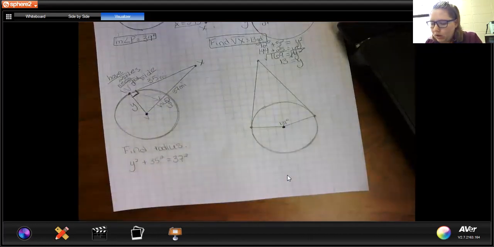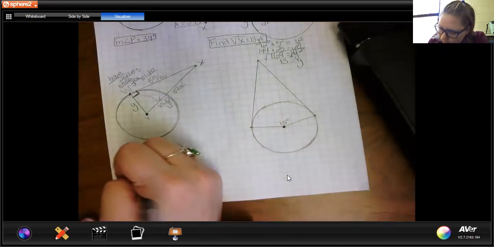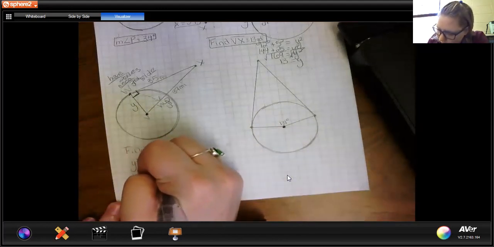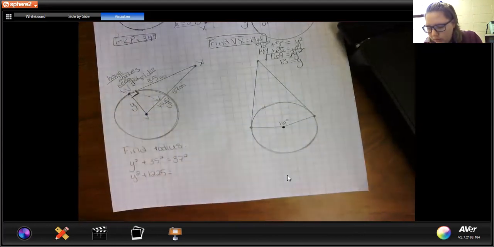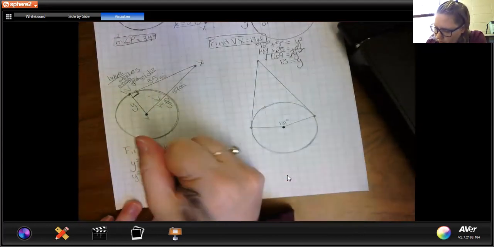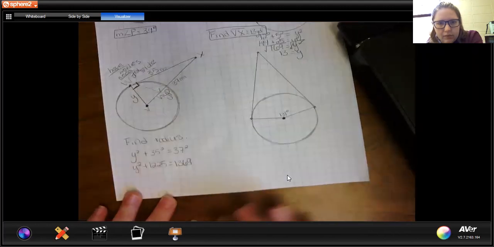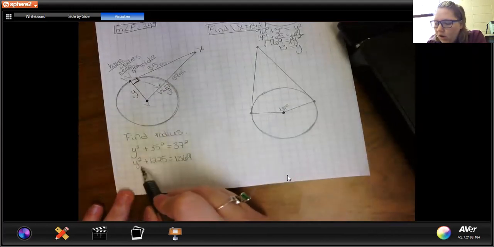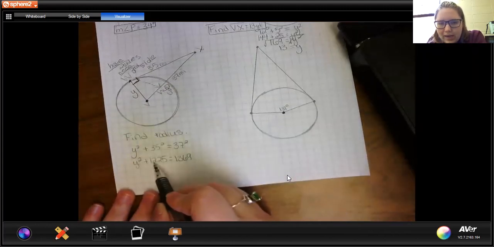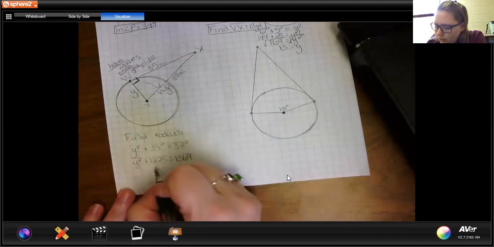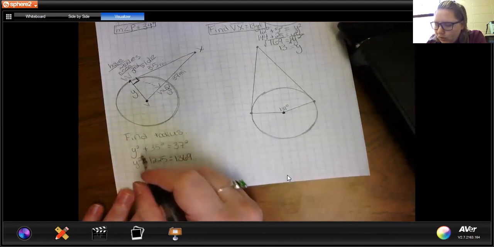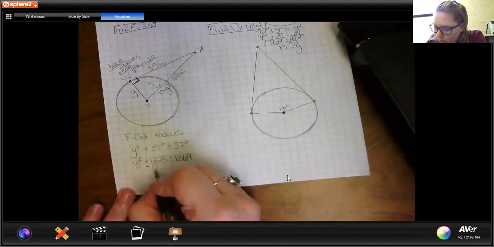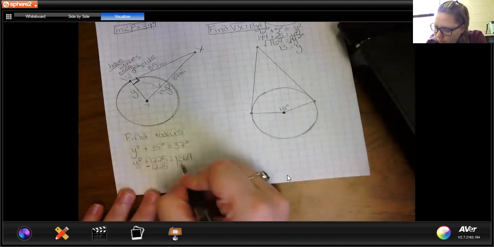Miss Clem knows a whole lot of squares, but she does not know 35 squared, so I'm going to use a calculator for that. So y squared plus 1225 equals 1369. If I'm solving for y squared, I need to get rid of this plus 1225, so I subtract 1,225 from both sides.